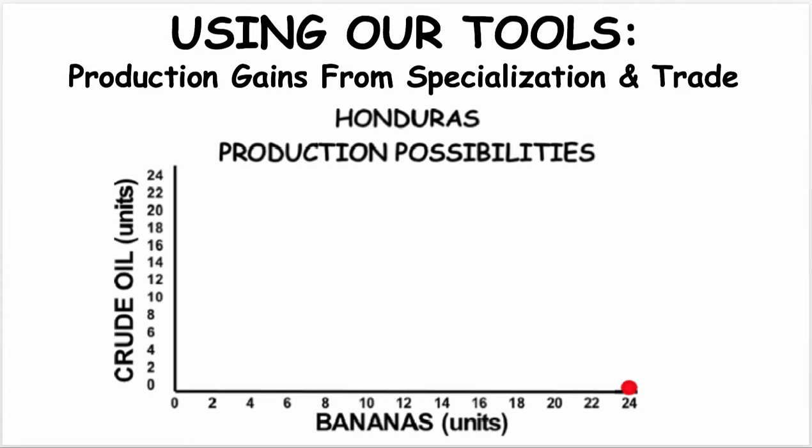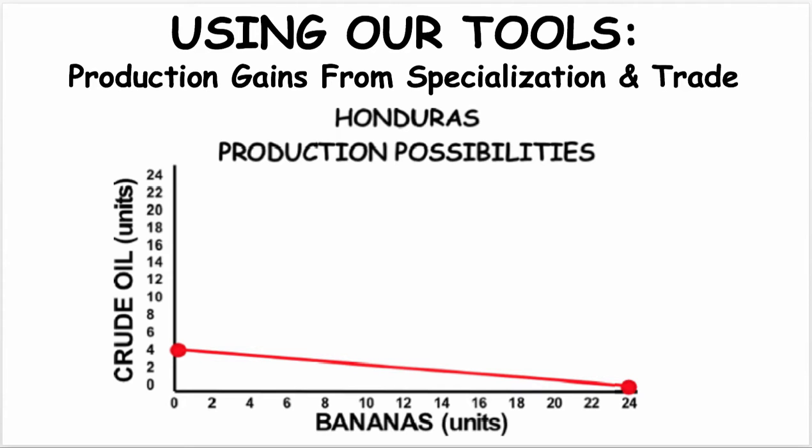If, on the other hand, the same number of workers and the same amount of resources were used to look for crude oil, they could find a small amount, maybe 4 units of crude oil. Now we can take those two quantities, connect them together with a line, and now we have the production possibilities curve for Honduras. I've drawn a straight line here because I'm being a little bit lazy.